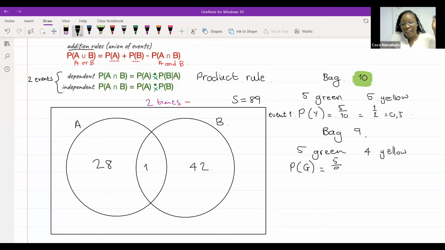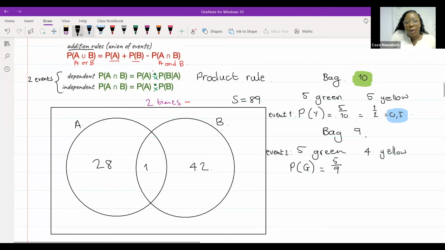5 over 9. Now I want you guys to note how the probability changed from one to the next. In the first event, my probability was 0.5. That is event 1. In event 2, my probability has shifted. My sample size has changed and my event size has also changed.